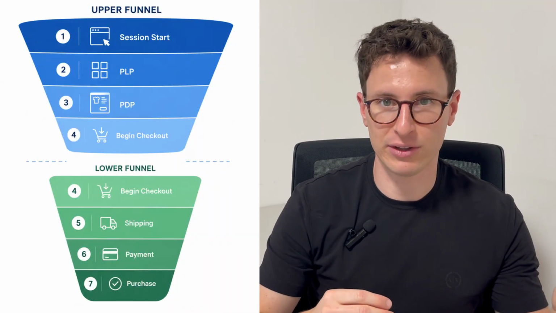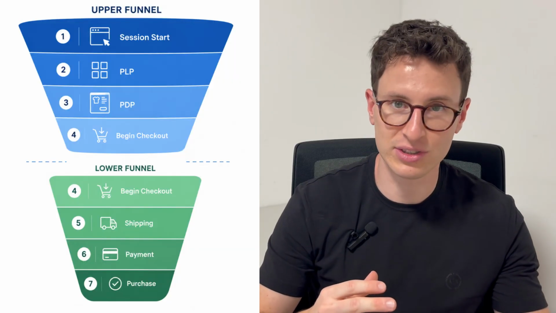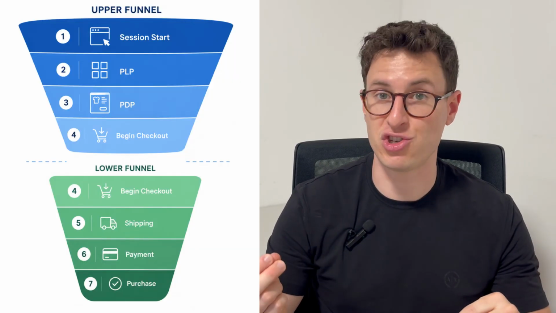Let's begin. So let's start with one of the most misunderstood concepts in e-commerce, which is the funnel. And we're going to break the funnel into two different sections, the upper funnel and the lower funnel. And hear me out because you will understand why the funnel differs from the user journey. So on the one hand, we have the upper funnel, which consists of session start, PLP, PDP, and begin checkout.